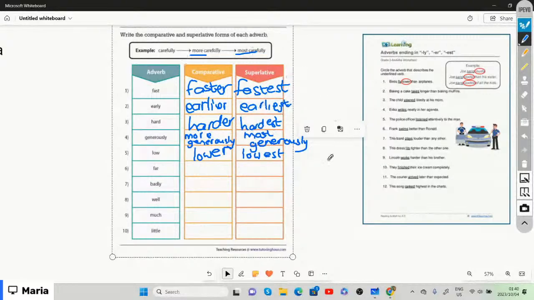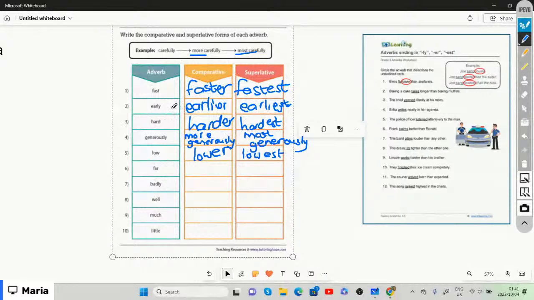So far, that is just a few of our words that we can compare: far, badly, well, much, and little. But so far, if we compare these words, we add er to the comparative to compare two actions, and then we add est to compare more than two actions, and we call that the superlative adverb.